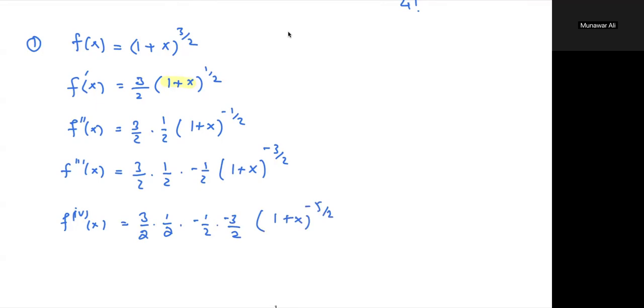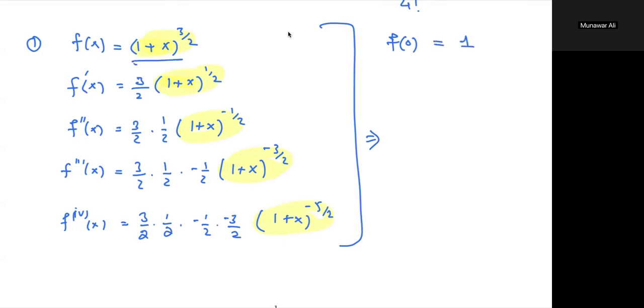Once all the derivatives are done, you evaluate everything at 0. If you put 0 in all the terms, 1 plus 0 is 1, and 1 to the power of anything is again 1. So all these terms will be equal to 1 if x is 0. The only thing left is the coefficient. So f prime at 0 is 3 halves.